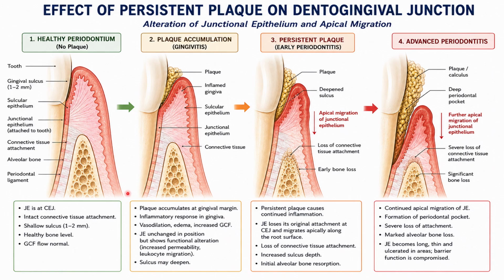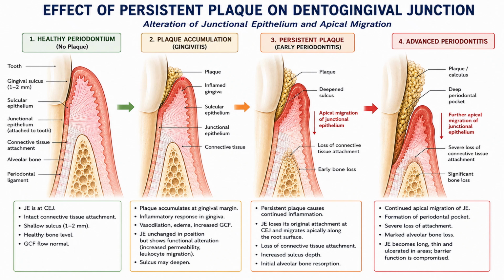So now let's understand the effect of persistent plaque on the dentogingival junction. In healthy periodontium where there is no plaque, the junctional epithelium is attached at the level of the cemento-enamel junction. There is intact connective tissue attachment. The gingival sulcus is shallow. We can see healthy bone levels and the GCF flow is also normal.